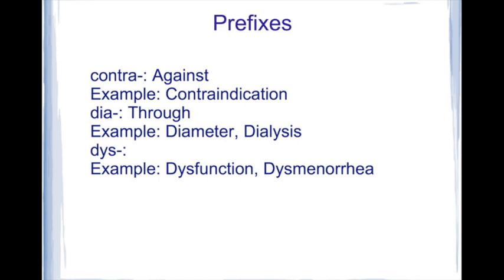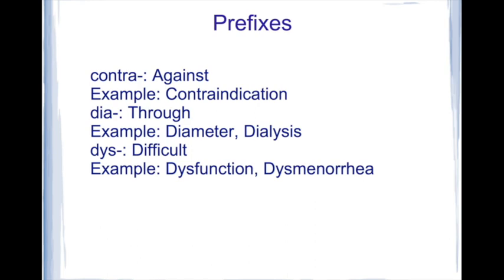Some words are just gross. Discharge is one of those. Dysfunction. If something's dysfunctional, it has a difficult function. Dysmenorrhea. Maybe you're not having good menstrual flow, discharge for a certain period of time, and I'm moving on because it's just getting more awkward for me.